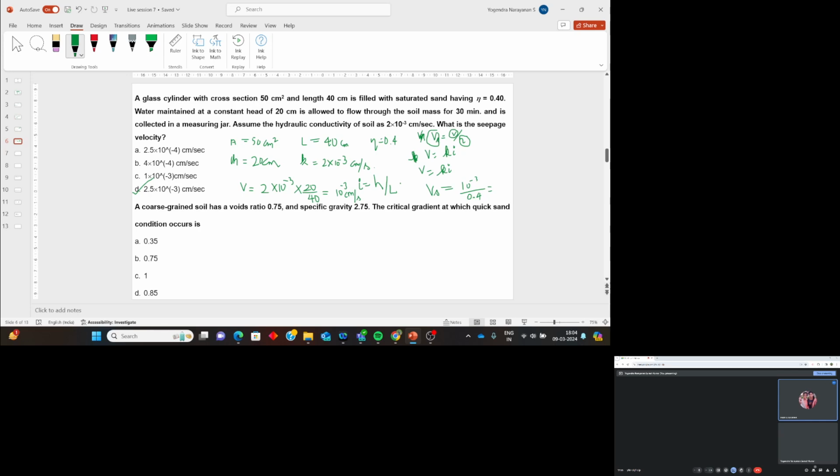Yes. So that will be discharge. And you calculate how much volume? So Q will be 50 into 10 power minus 3 centimeter cube per second.